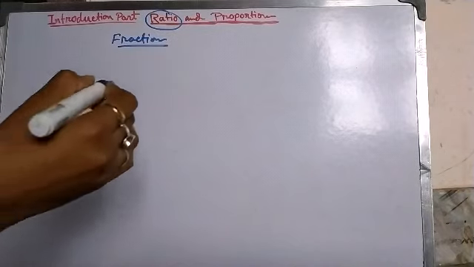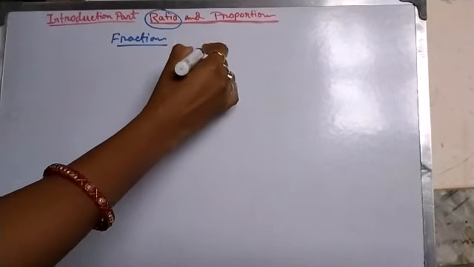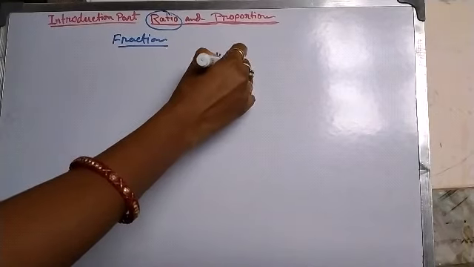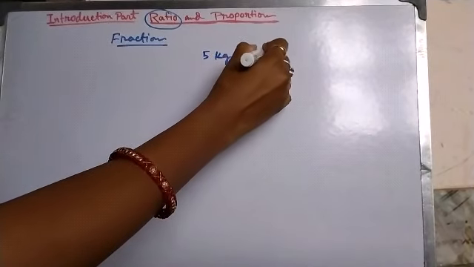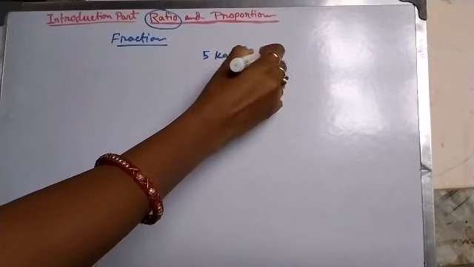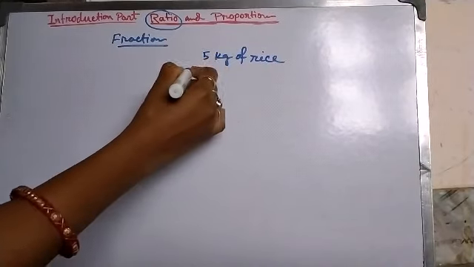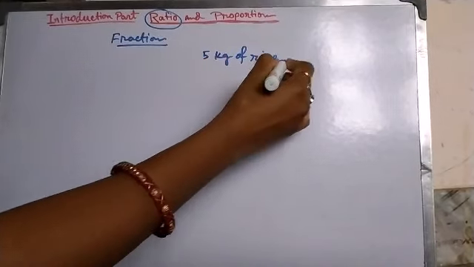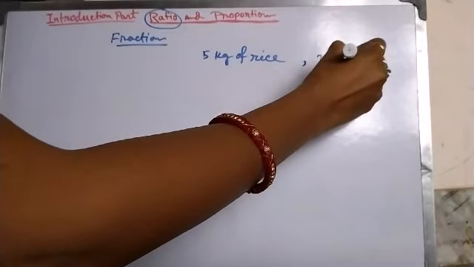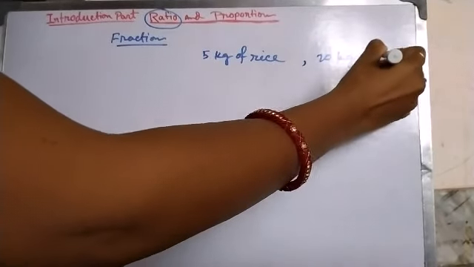Comparison between two similar type of quantities, that means suppose 5 kg of rice and I want to compare it with 20 kg of rice.